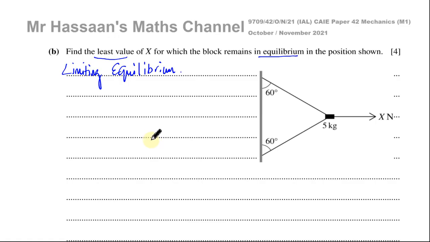So how would we relate limiting equilibrium to this situation? We want to find the least value of x. So we have to think about the scenario where this will go out of equilibrium. Sometimes you've got to use a bit of common sense and visualize the situation.